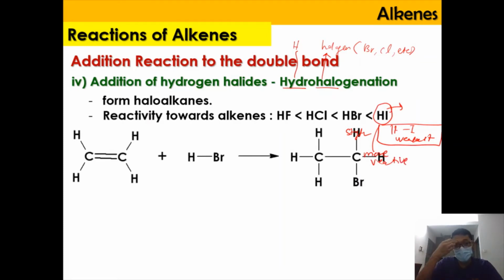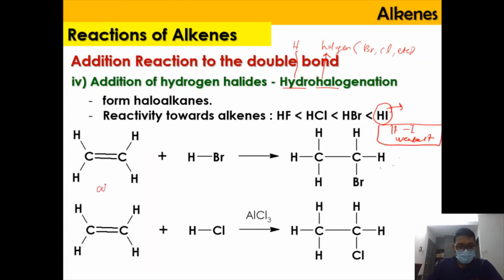Okay, let's say you have an alkene here, and then you have your hydrogen halide, so the hydrogen is going to be attached at this side and bromine is going to be attached at this side.